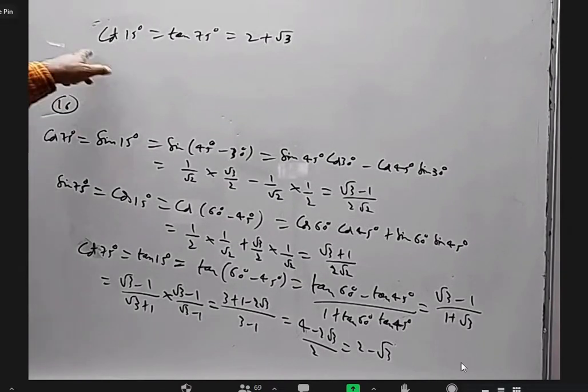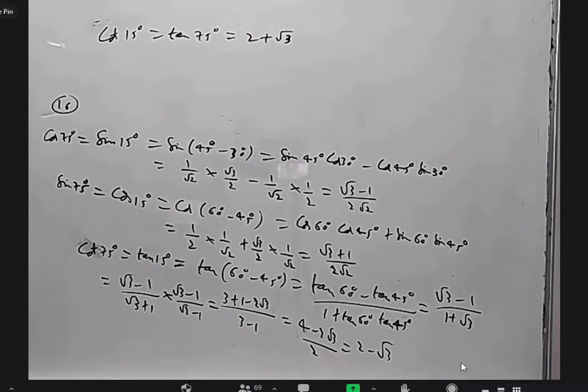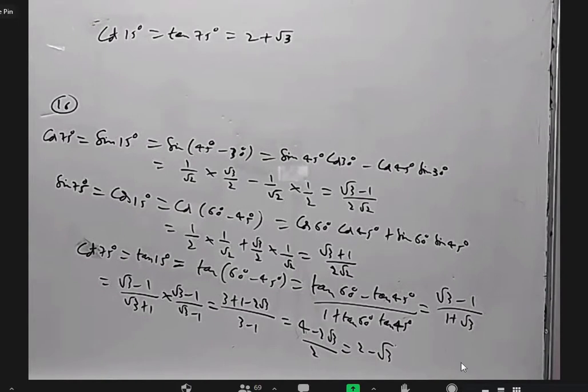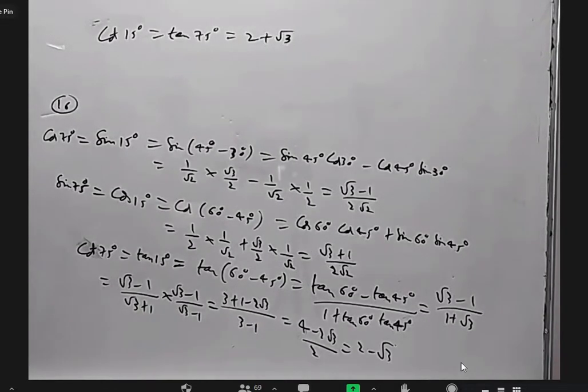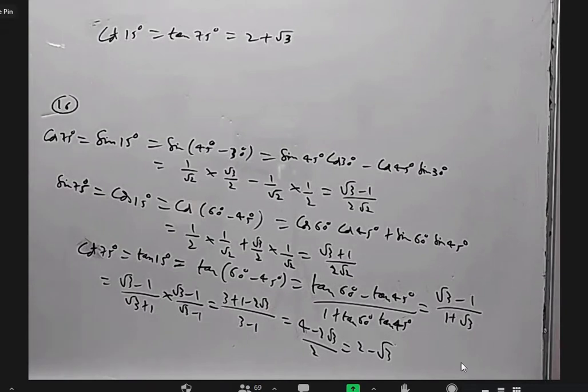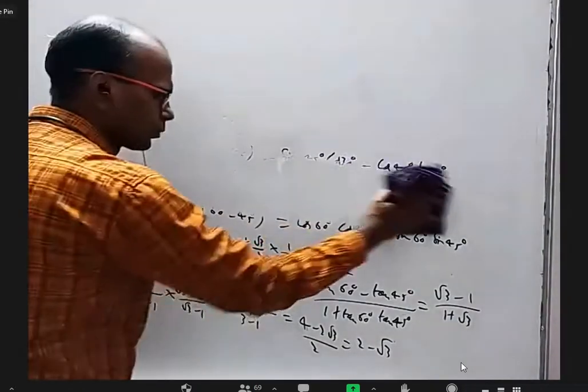After that, you have to write this also: cot 15 equals tan 75 equals 2 plus root 3. Okay. Yes, sir, you can rub it.